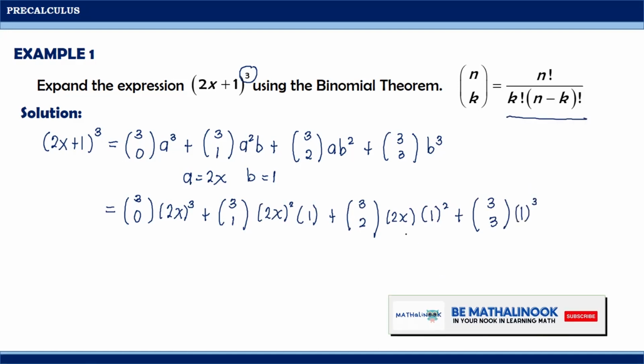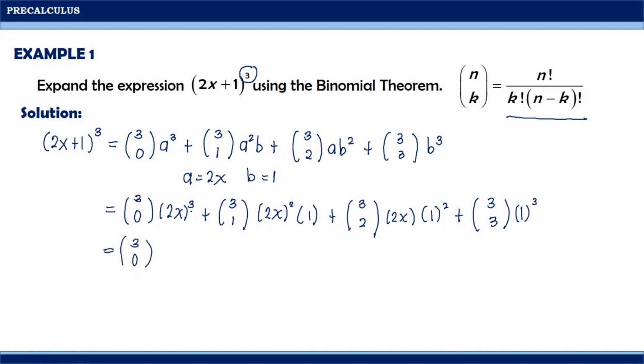Next step is to simplify this part of our equation. Hence, we're going to have 3 taken 0 times (2x) cubed, which is equal to 8x cubed, plus 3 taken 1 times (2x) squared, which is equal to 4x squared times 1, is still 4x squared, plus 3 taken 2 times 2x times 1 squared, which is equal to 2x.